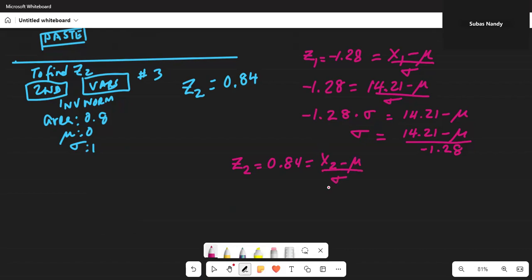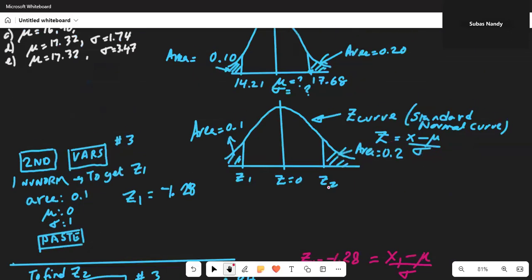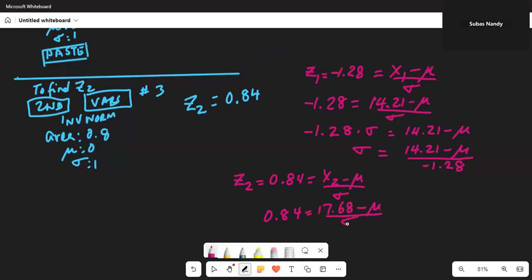X2 is 17.68. So we can write 0.84 is equal to 17.68 minus mu divided by sigma.